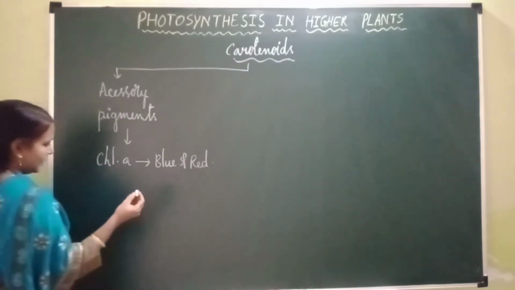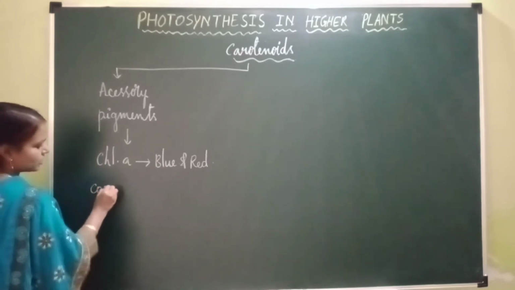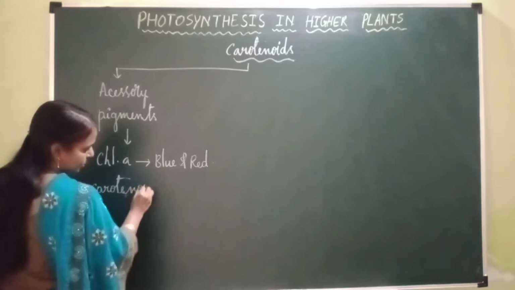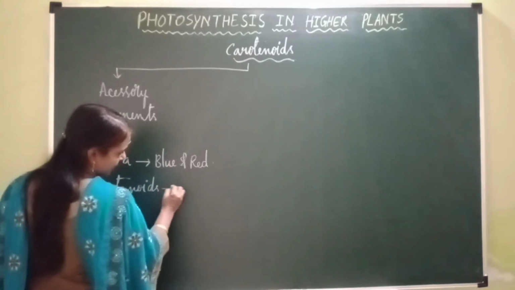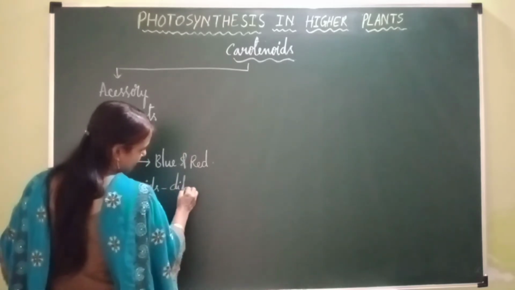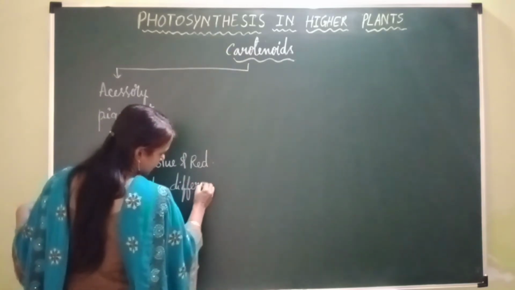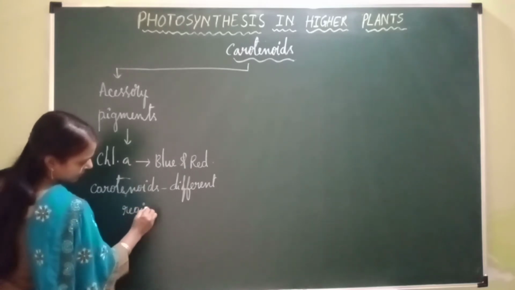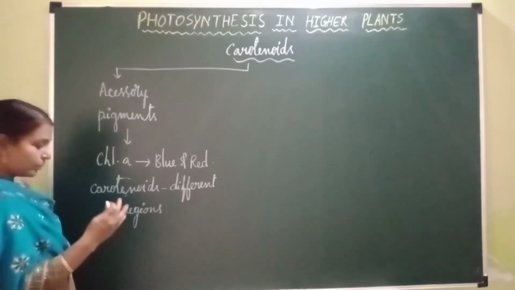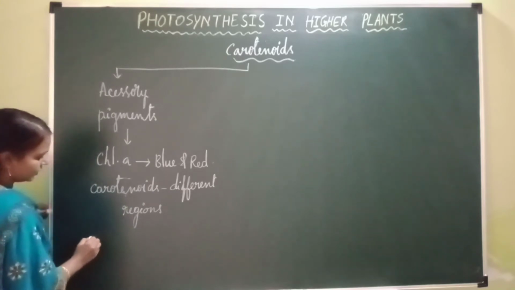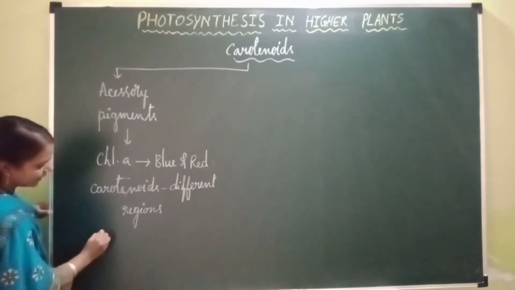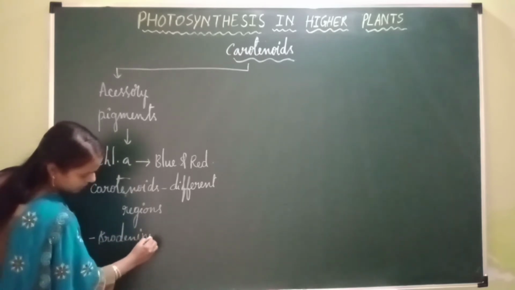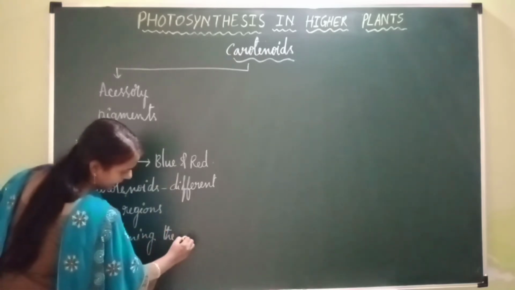But carotenoids absorb different regions of light and transfer this absorbed light to chlorophyll A. In this way they broaden the absorption spectrum of chlorophyll A.